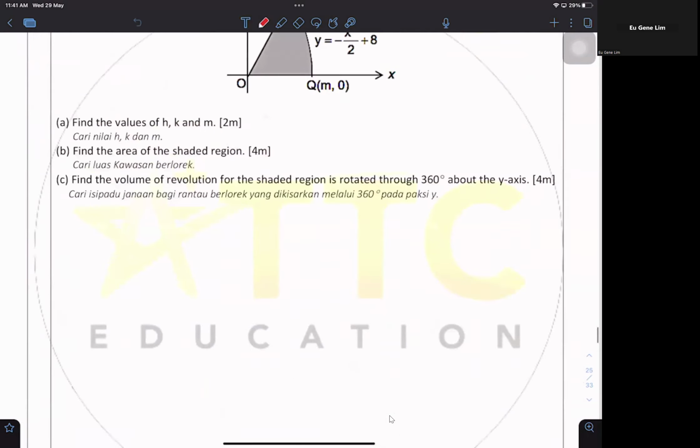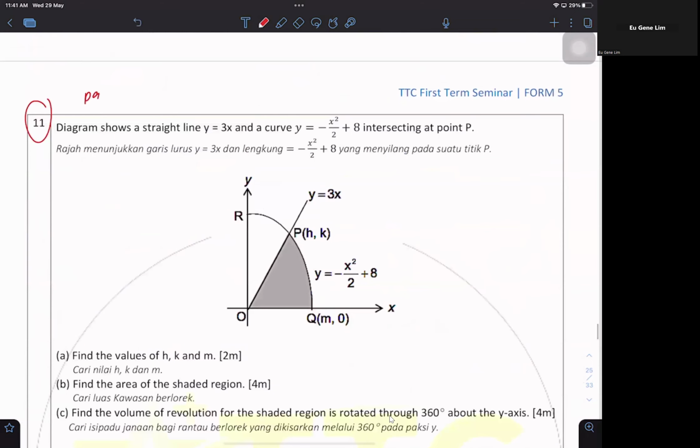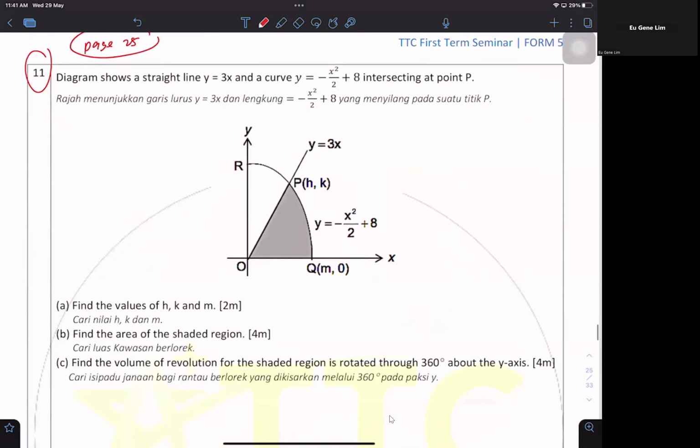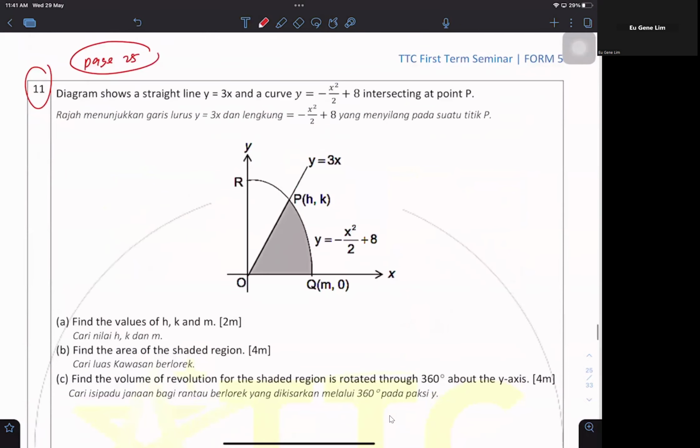Page 25, where we do a bit of area and volume. Now the diagram shows the straight line. It's already given here, so there's nothing important here.